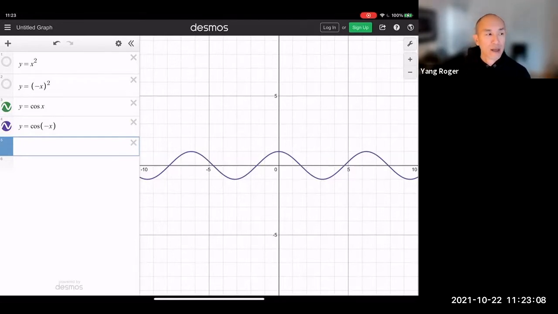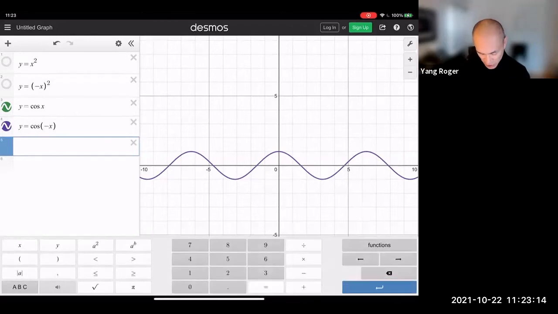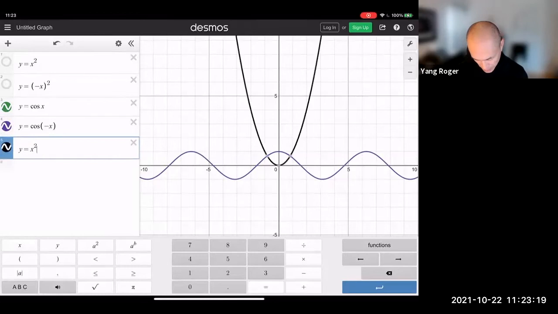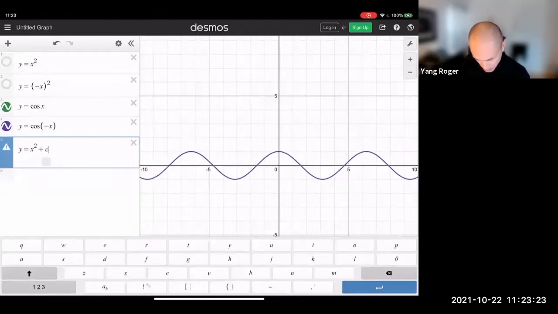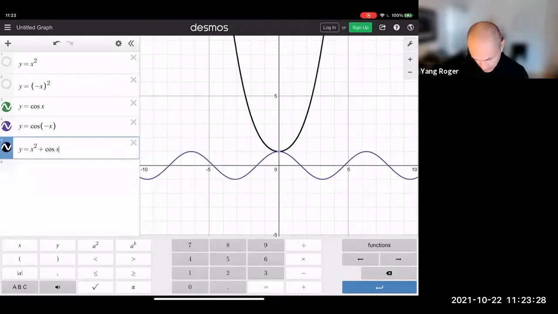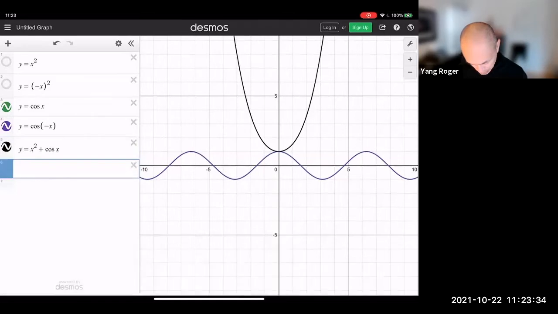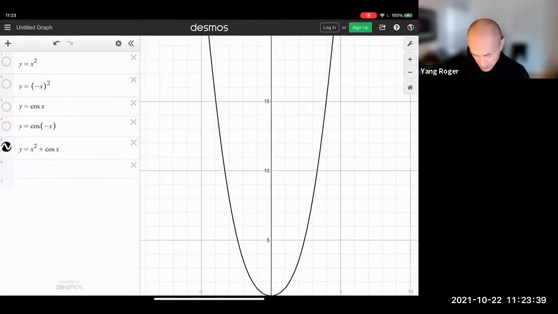Okay. I can add two even functions. I still get an even function. So just to show you, if I have y is equal to x squared plus cosine of x, that's this black graph right here.